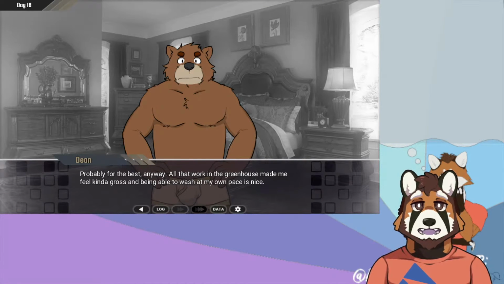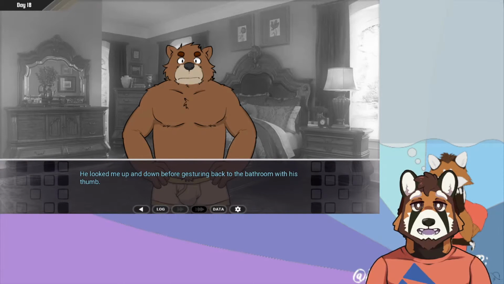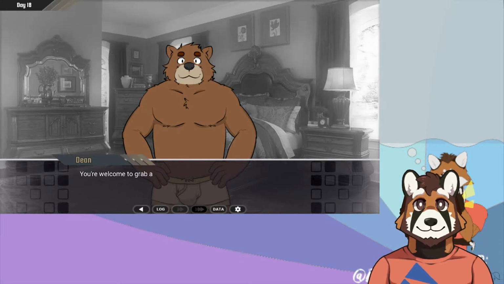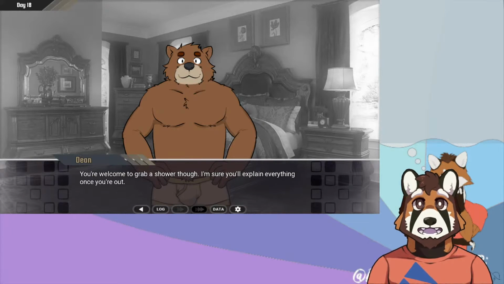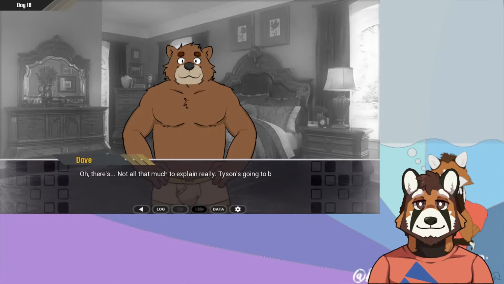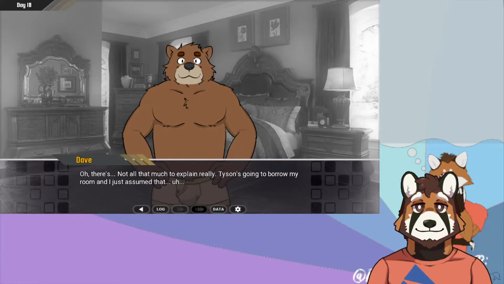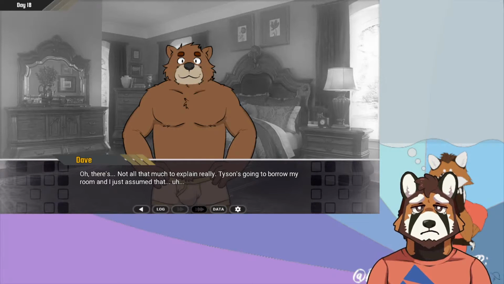All that work in the greenhouse made me feel kind of gross, and being able to wash at my own pace is nice. He looked me up and down before gesturing back to the bathroom with his thumb. You're welcome to grab a shower, though. I'm sure you'll explain everything once you're out. Oh, there's not all that much to explain, really.